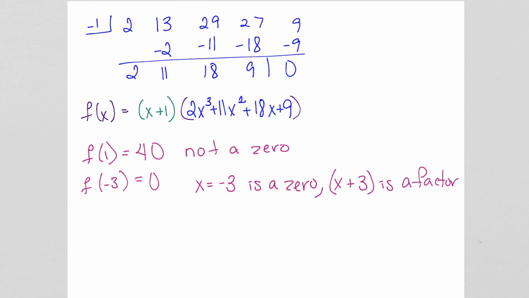So now we've got our x plus 1, and then we've got x plus 3. And then we've got something else that's going to go in here to give us the rest. So we do synthetic division again.